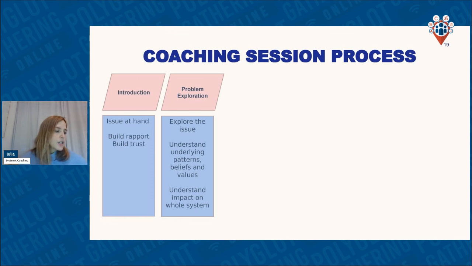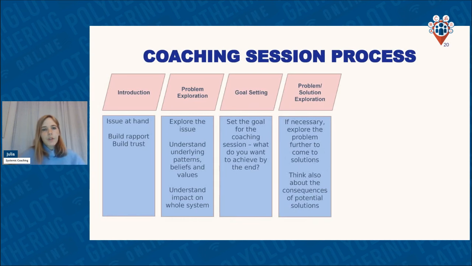So what does that actually mean? What consequences does it have, etc.? Followed by a first initial goal setting. So for the specific coaching session, you would set up a goal, what the coachee wants to achieve by the end of this session, and then followed by a problem or solution exploration, depending on how specific the goal already is.